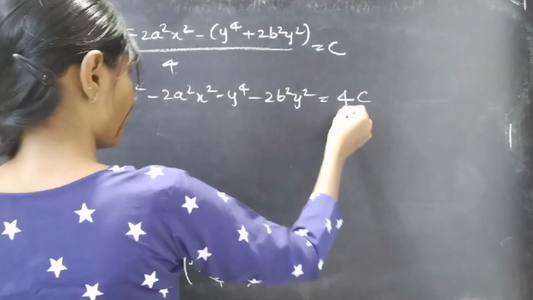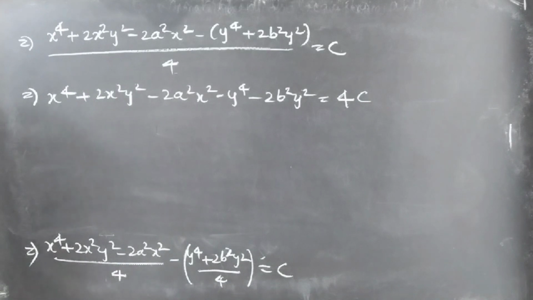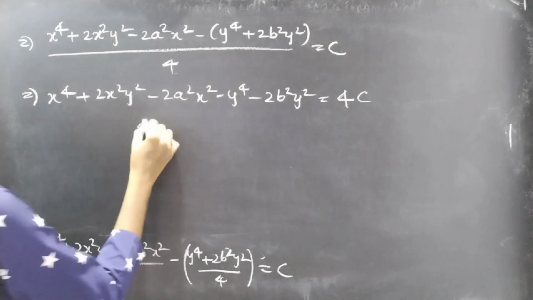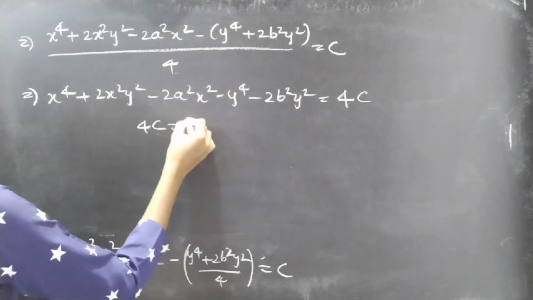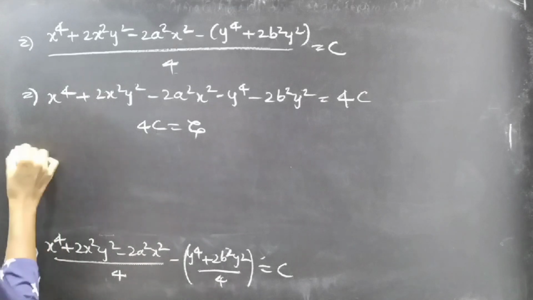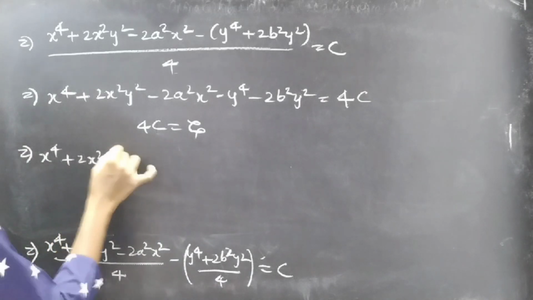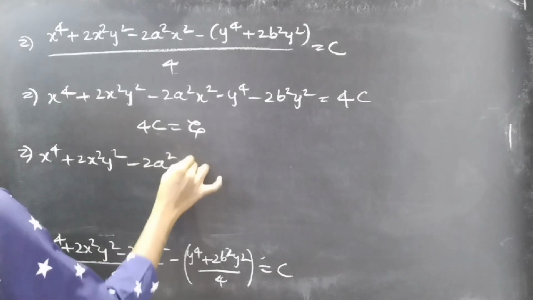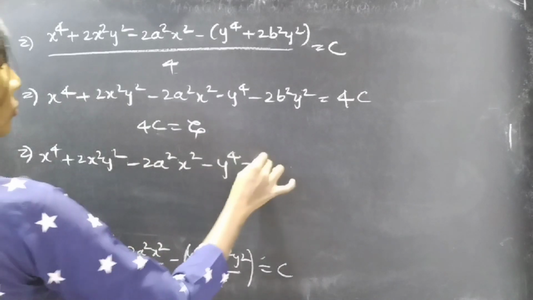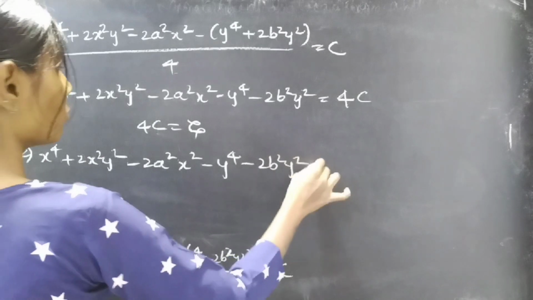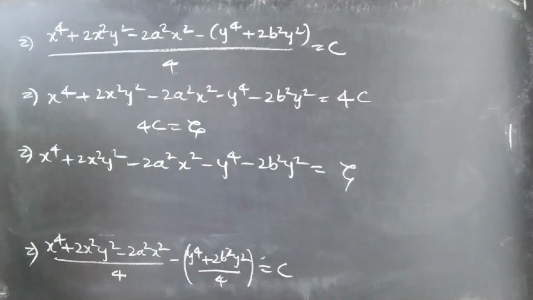Since c is an arbitrary constant and 4 is a constant, we can write 4c as c, or write some other c. We'll get x power 4 plus 2x square y square minus 2a square x square minus y power 4 minus 2b square y square equal to c.